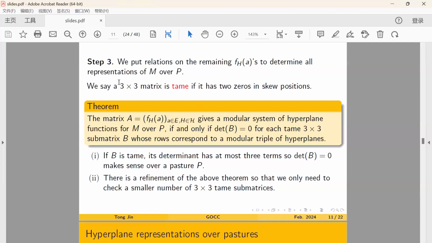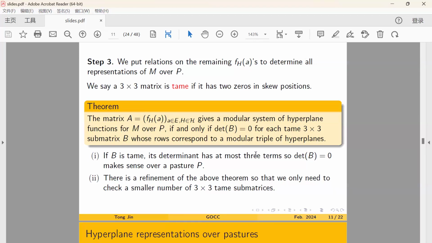That is, we put TIM here to guarantee that once you write out the determinant, it is either some null expression or it's not a null expression but still has 3 terms. So we can say when the determinant is equal to 0 or not. And secondly, in this theorem, we do need to look at all of the TIM 3x3 submatrices whose rows are a modular triple of hyperplanes.